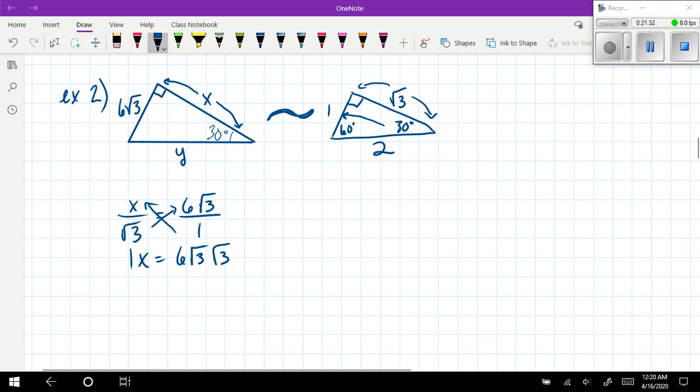Now remember, when simplifying radicals, you can multiply inside to inside, outside to outside, but never inside to outside or outside to inside. So in this case, this gives me 6 times the square root of 3 times 3, which is 9, and then the square root of 9 is just 3. So x is 18.